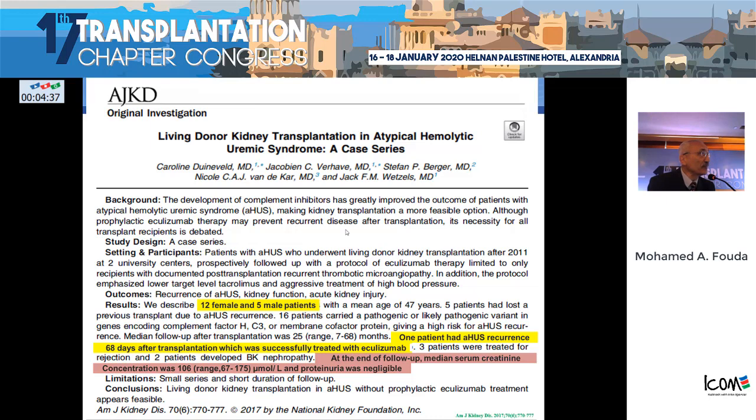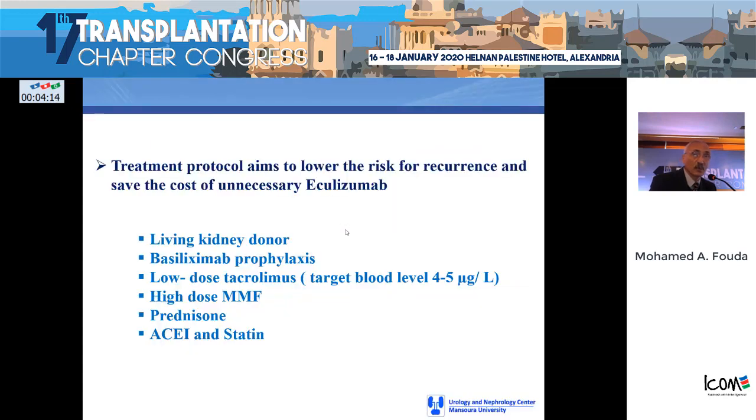This is an attractive paper. This paper has been carried out in 2 university centers in the Netherlands. They have a case series of 12 female and 5 male patients, and they used no prophylactic eculizumab in spite of having 16 patients stratified as major risk and 1 patient moderate risk, but their treatment protocol aims to lower the risk for recurrence and save the cost of unnecessary eculizumab.